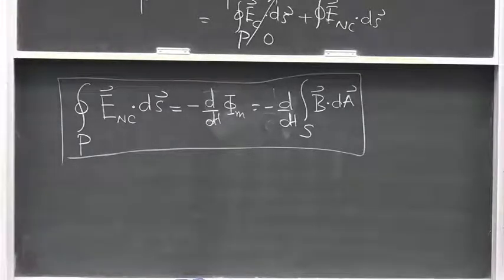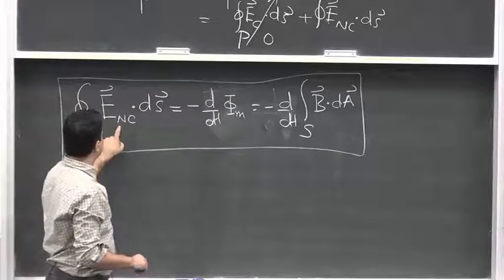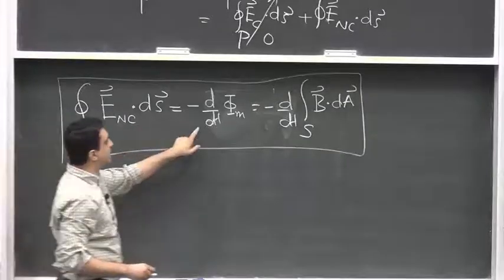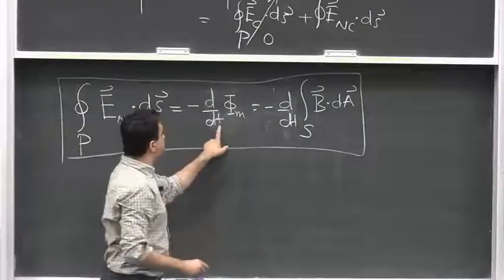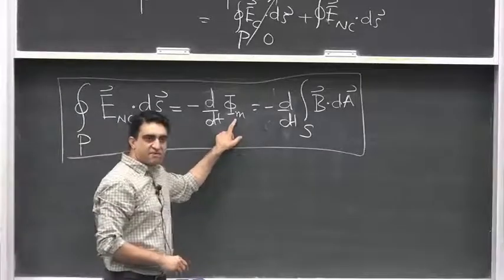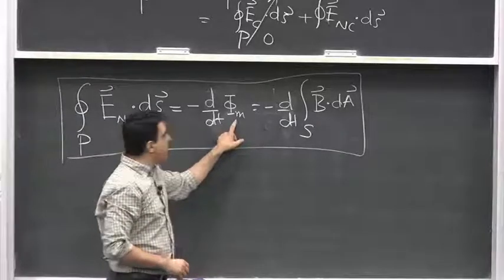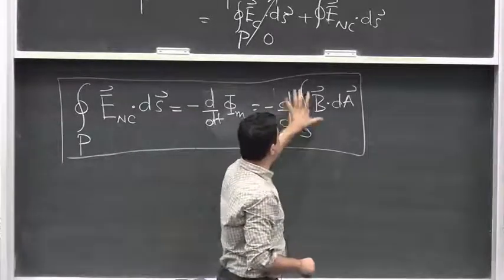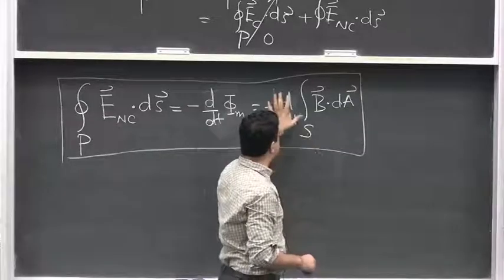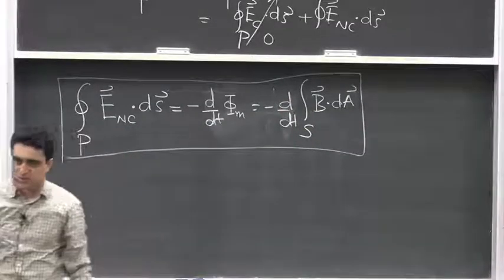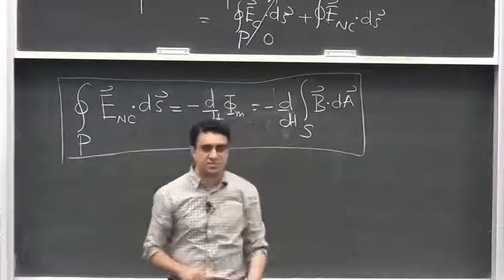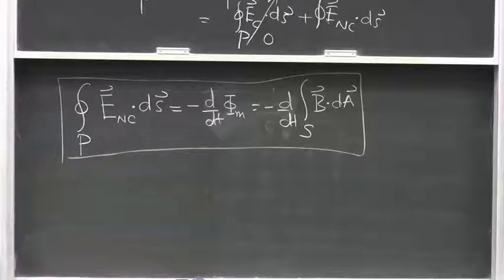What it says is that the line integral of this non-Coulombic field around a closed path is given by the time derivative of the magnetic flux multiplied by a minus sign, or it is equal to minus the time dependence of the total flux through a surface S. I will explain what P you should take, what S means here, and what magnetic flux is.